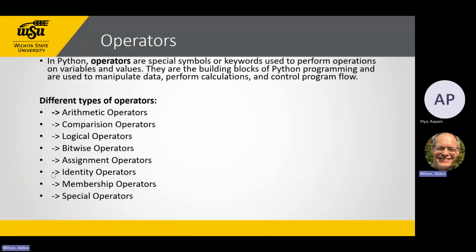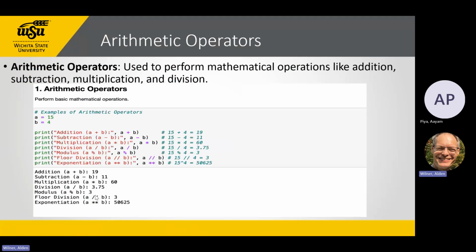In Python, we also have operators. Arithmetic for mathematics, comparison for mathematical comparisons, logical for Boolean operations, bitwise, which is also Boolean, but at a lower level, assignment operators, identity, membership, and special operators. Arithmetic operators: plus, minus, times, divide, modulus or percent sign.